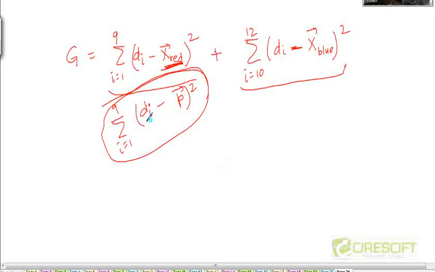So the coordinates of all the 9 points are constants, they are known to you, but you don't know what the coordinates of P are. Basically you want to derive the coordinates of P by trying to minimize this function.